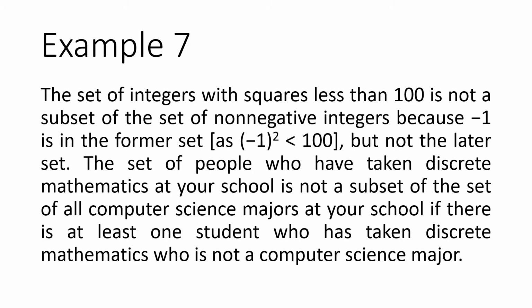The square of negative 1 is less than 100, but negative 1 is not in the latter set. The set of people who have taken discrete mathematics at your school is not a subset of the set of all computer science majors in your school, if there is at least one student who has taken discrete mathematics who is not a computer science major.